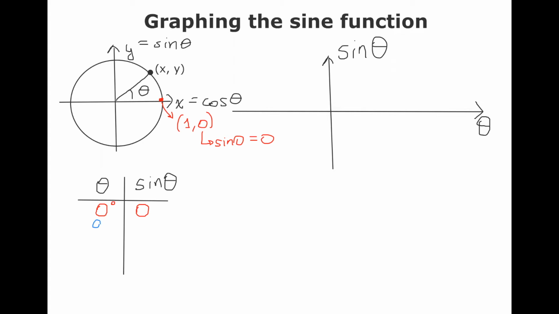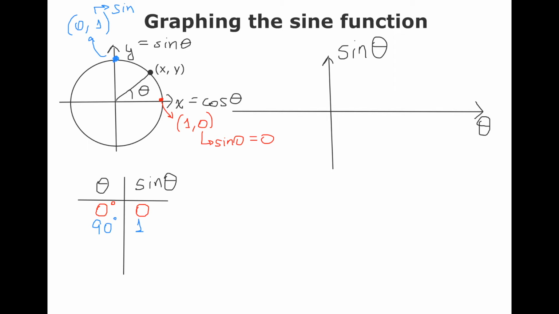Moving on, I'm going to pick the easy angles over here. What if we have theta equals 90 degrees? Well, 90 degrees is going to be a point up here on my y-axis. This point over here will have the coordinates 0, 1. This 1 is going to be my sine of theta. So whenever theta is 90 degrees, sine of theta is going to be equal to 1.